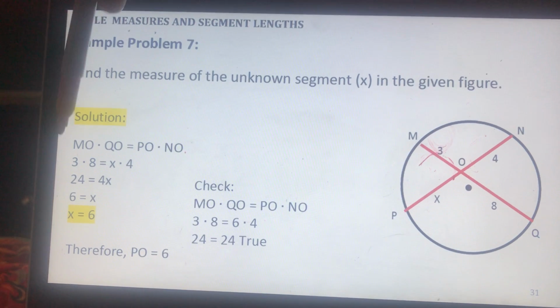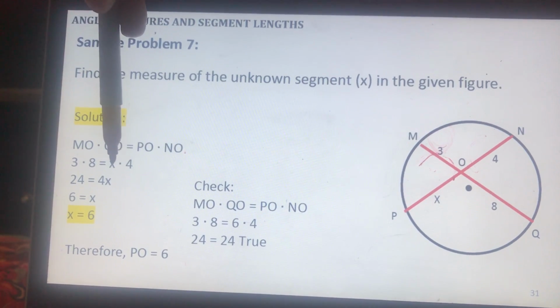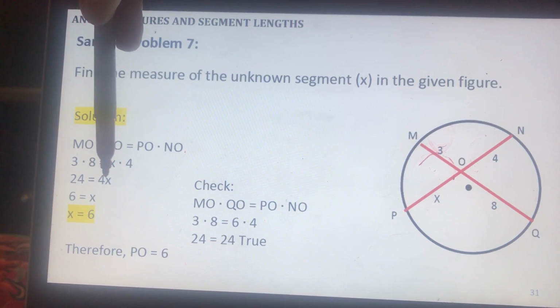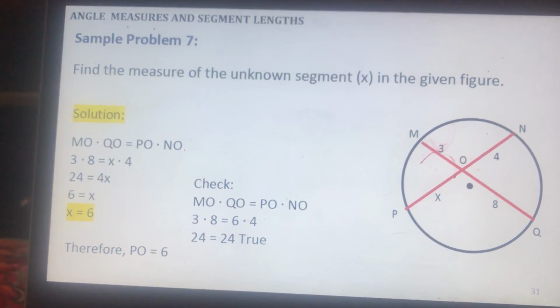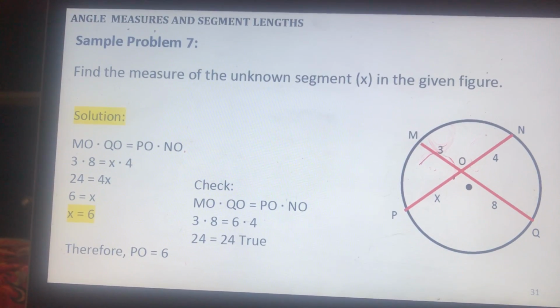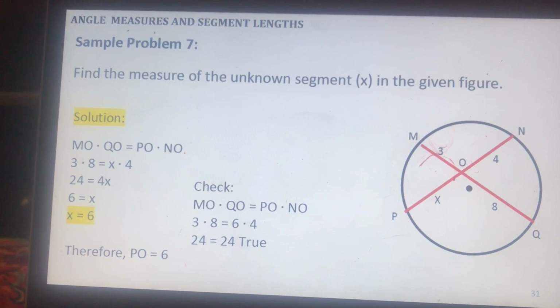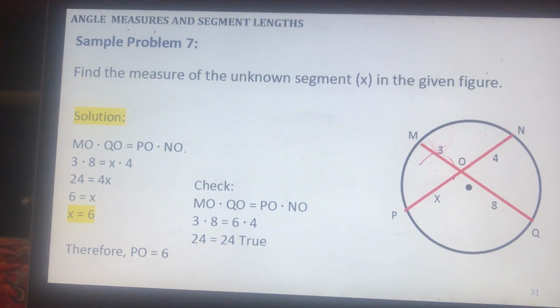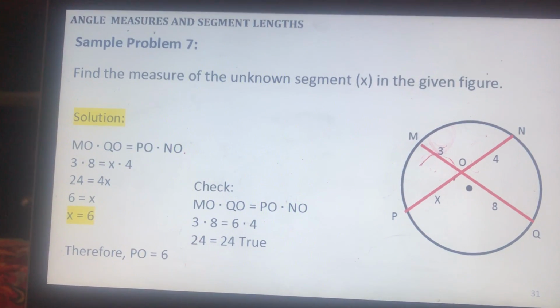So 8 times 3, 24, is equal to x times 4, or 4x. In order to find our value for x, we use our division property. We divide by 4 on both sides, and x equals 6. Now we want to make sure we assess if our answer is correct.